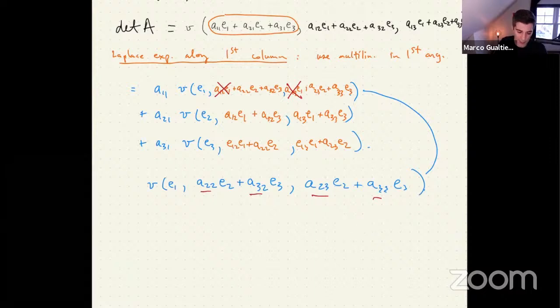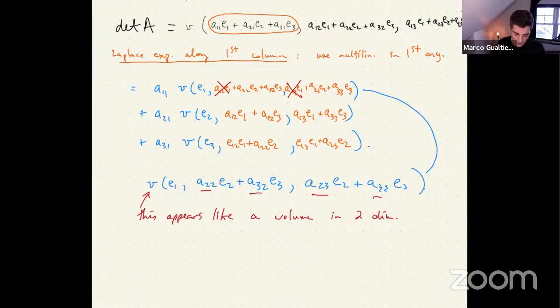So this quantity appears like a volume in 2 dimensions, in 1 dimension less.